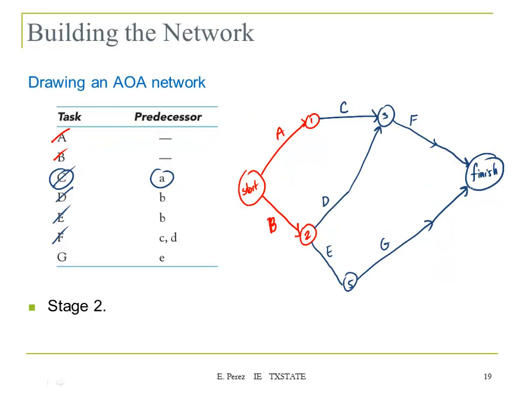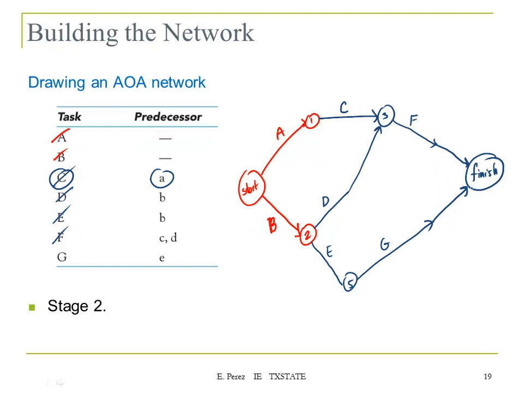Okay, so as you can see, the tasks are represented by the arcs. On the AON, the tasks are represented inside the nodes. Any questions?